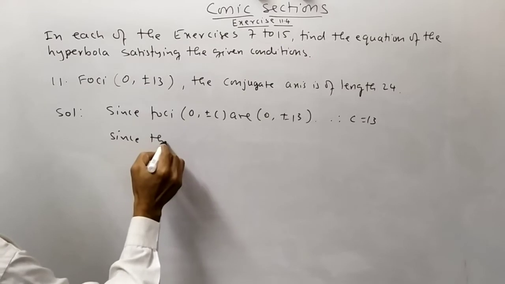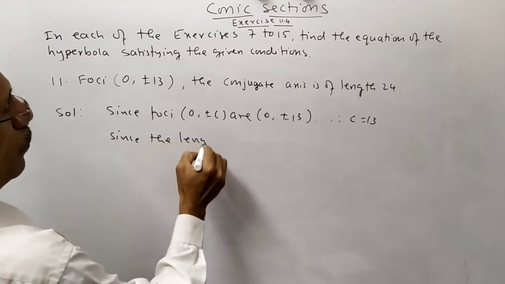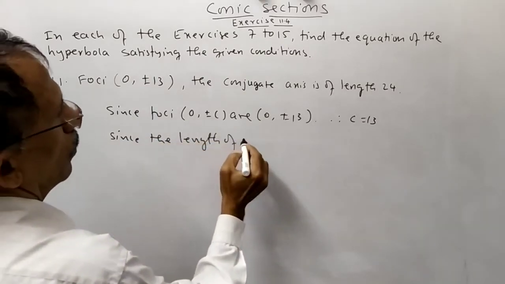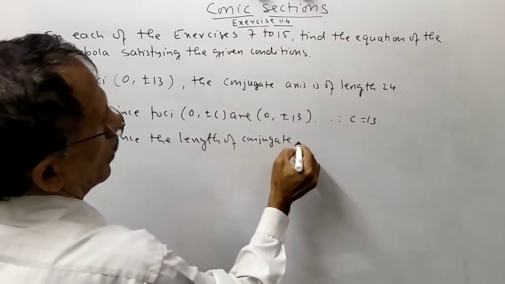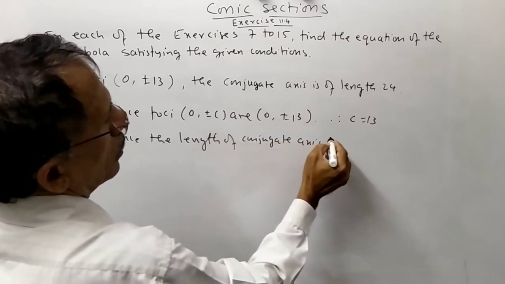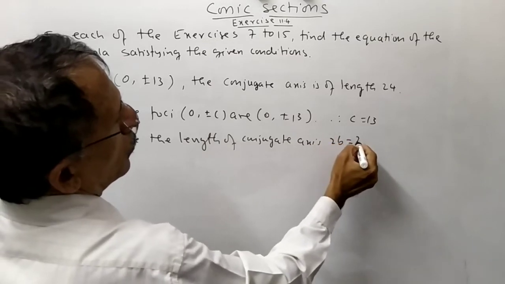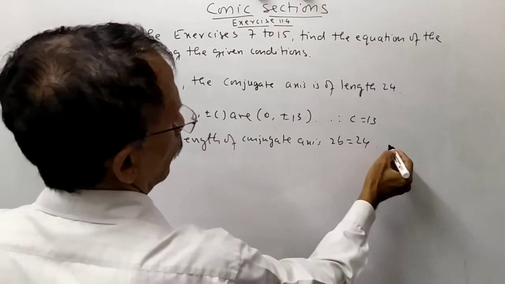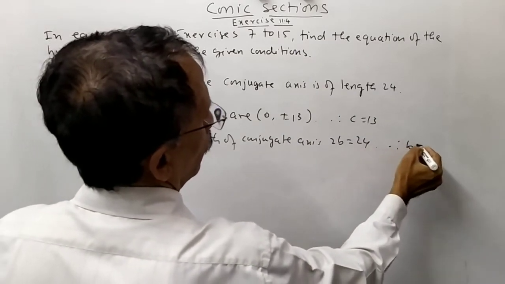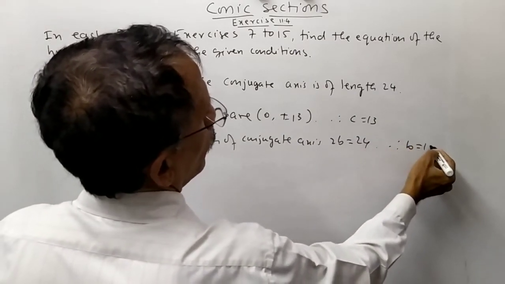Since the length of conjugate axis 2b is equal to 24, therefore b is equal to 12.